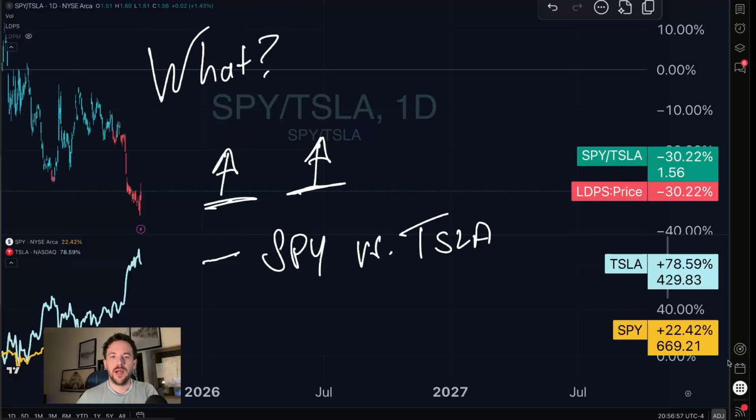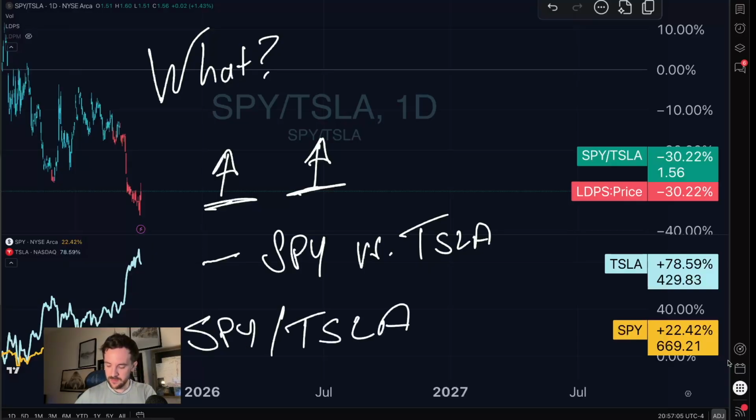And we do that, in TradingView, by typing in essentially SPY divided by Tesla. And this gives us this composite view. So we are now getting the relative liquidity between these two symbols.